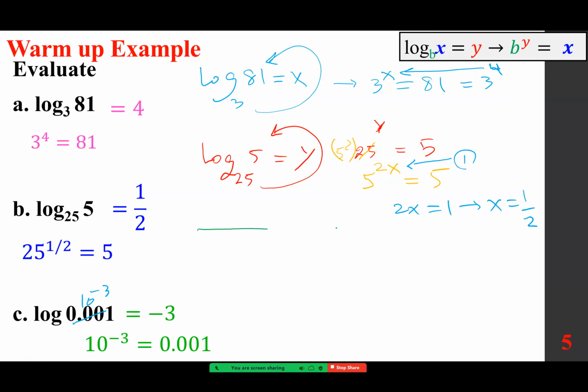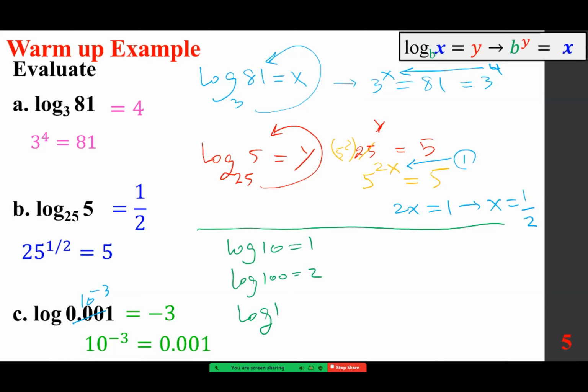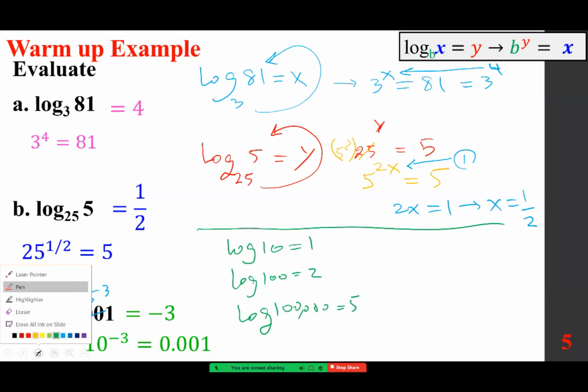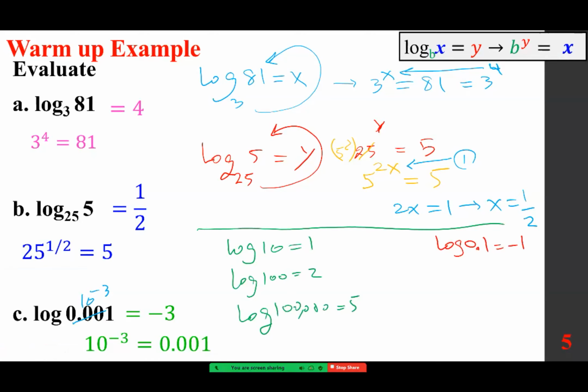When you're dealing with common logs, log of 10 equals 1, log of 100 is 2, log of, let's say, 100,000 is 5. Log of 0.1 is -1.